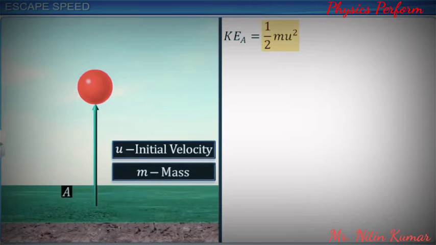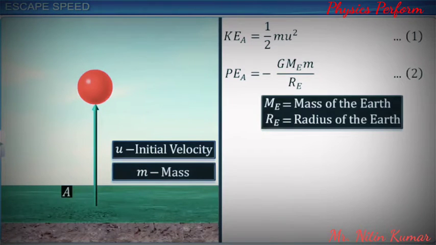Let this be equation 1. The potential energy of the Earth-body system at the Earth's surface is denoted by PEA is equal to minus GMEM divided by RE. Let this be equation 2. In this equation, ME is the mass of the Earth and RE is the radius of the Earth.